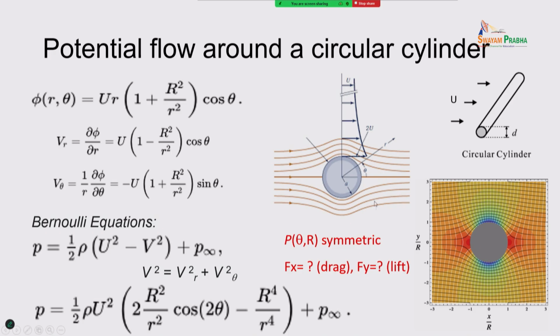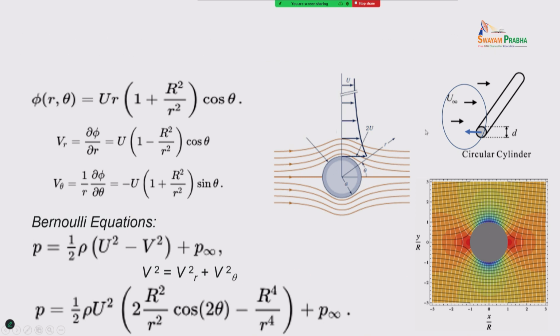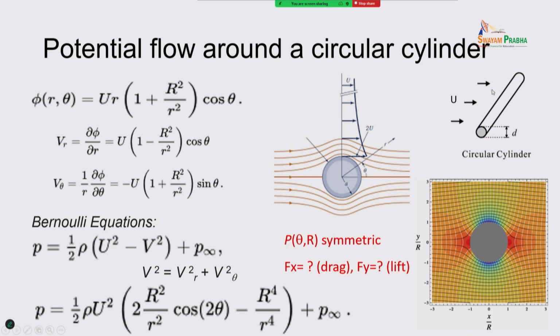You can do the integration of the small force projections, but quickly, if you look at it, it's symmetric, so 0. There's a flow going around the cylinder, and under the potential flow assumption, you don't have force on the system.